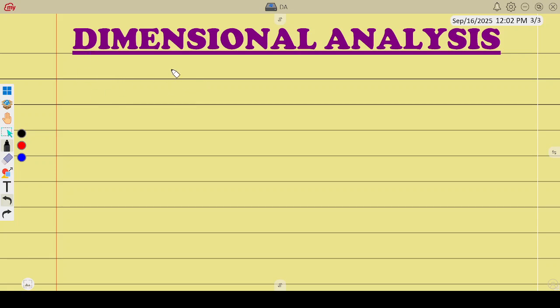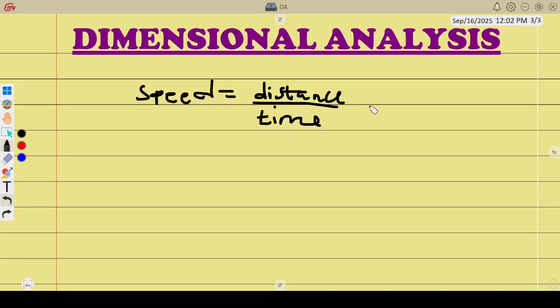For example, let's say we have speed is equal to distance over time. Everyone knows. And then they tell you, can you find the units for time? You already know that it's seconds, but they just want you to show that you know how it is like that.